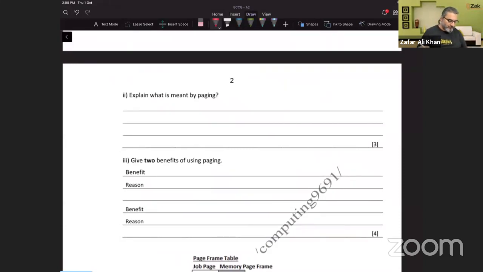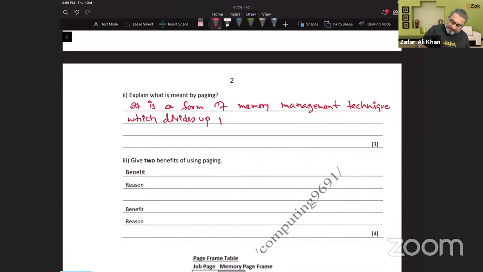So it is a form of memory management technique which divides up physical memory and logical memories into fixed size memory blocks.